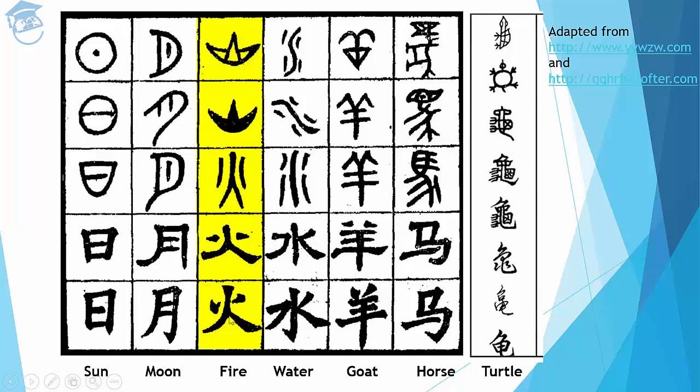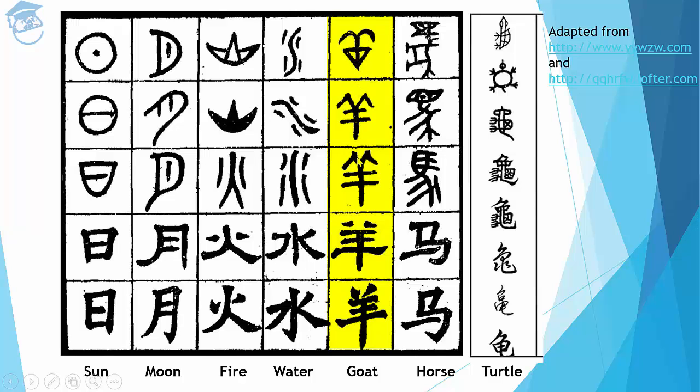Later on it became something like this. And then this is water, so you can imagine that this is a flowing river, so it has the water in it. And then the next one is goat, and you can see this one is the horns, and this one you can imagine is the face.